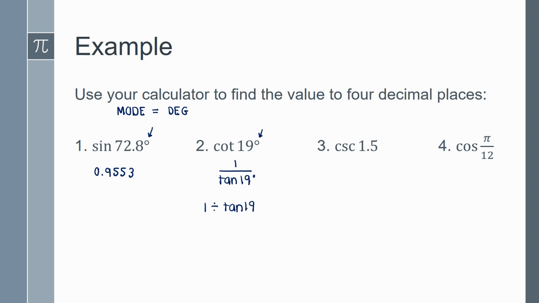Once again, this is degrees, so we should have the calculator in degree mode. When you type that into the calculator, we should be getting 2.9042 when rounding to 4 decimal places.